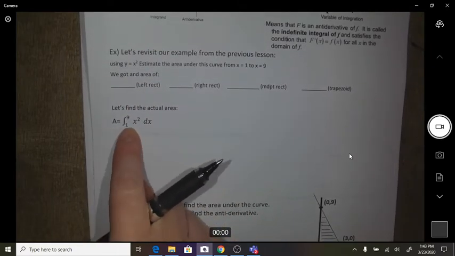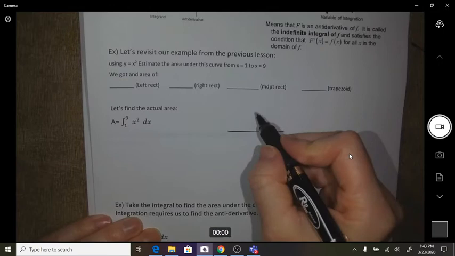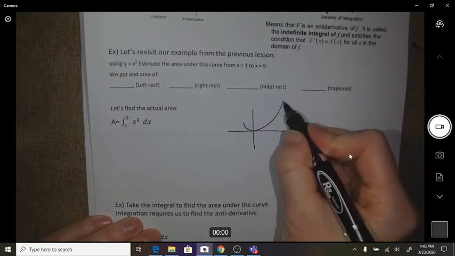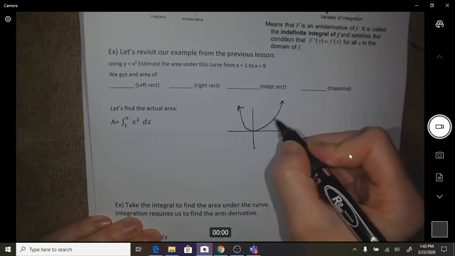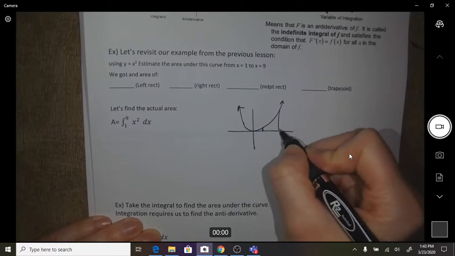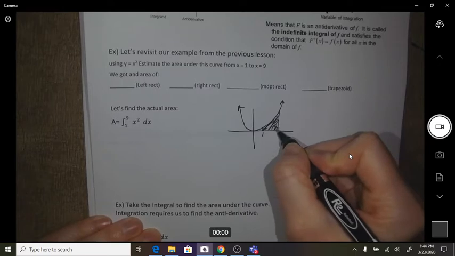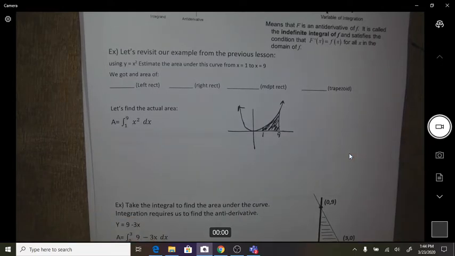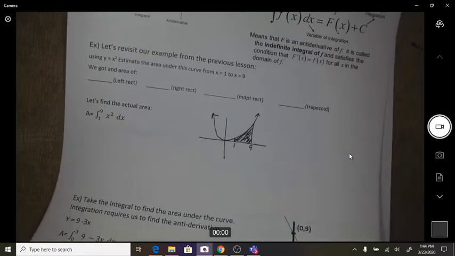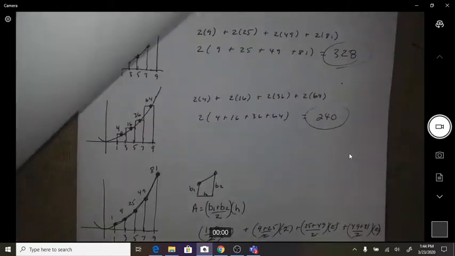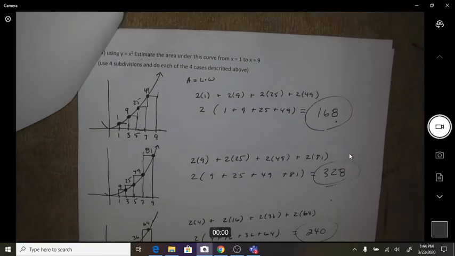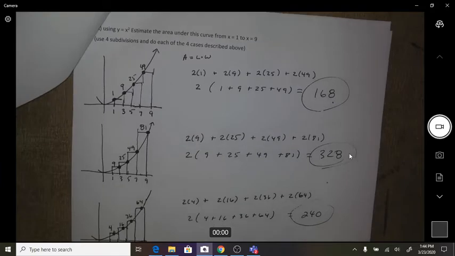Okay, so here's this question. We're going to find the area under the curve x squared from 1 to 9. Now, we did this in our first lesson, from 1 to 9. So here are our numbers.